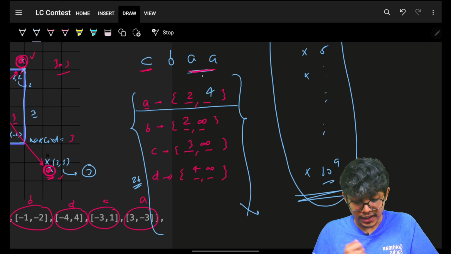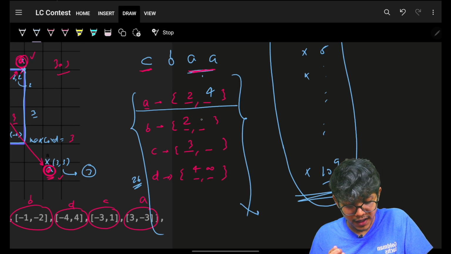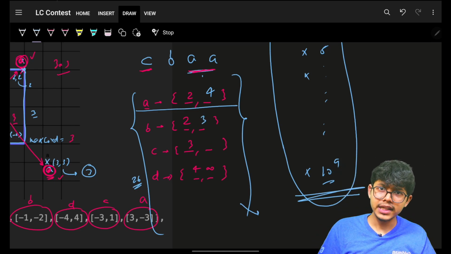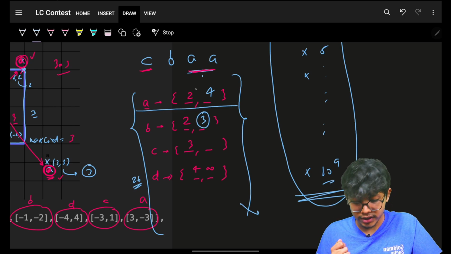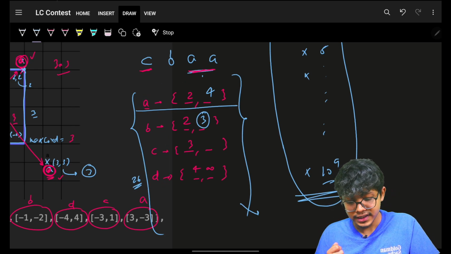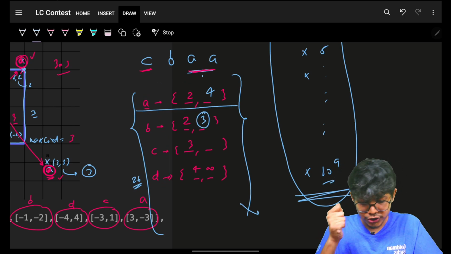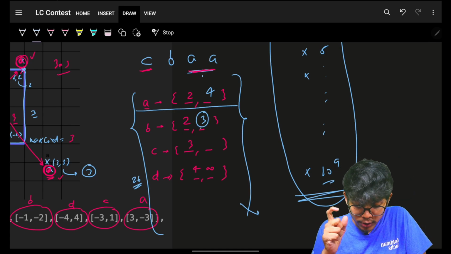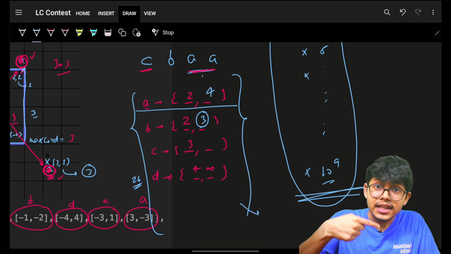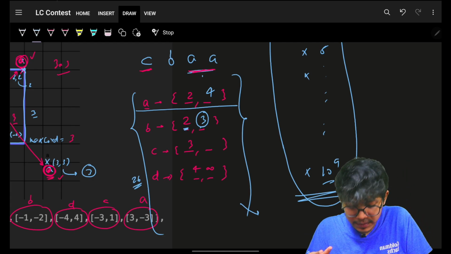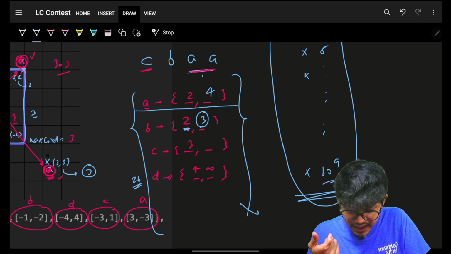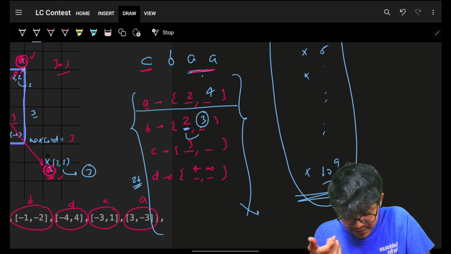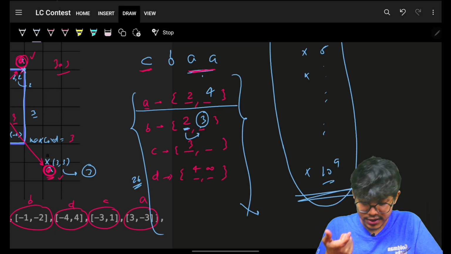What if this would have been a 3? Yeah, then this 3 is the bottleneck for all the characters. So I will make sure I track this bottleneck. This bottleneck will be the next nearest occurrence than that of the minimum occurrence. Minimum occurrence I have 2. This will be the next occurrence.